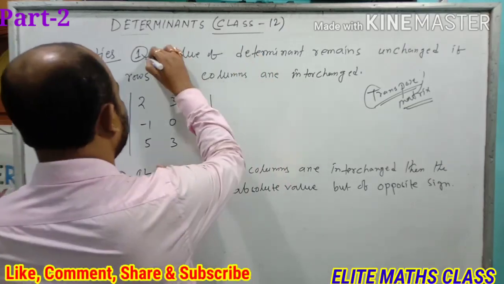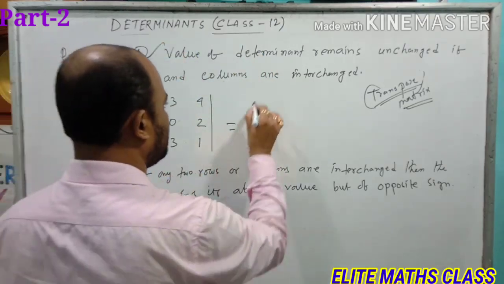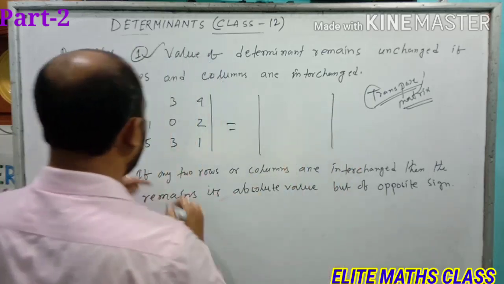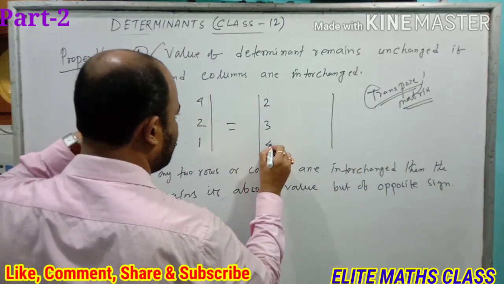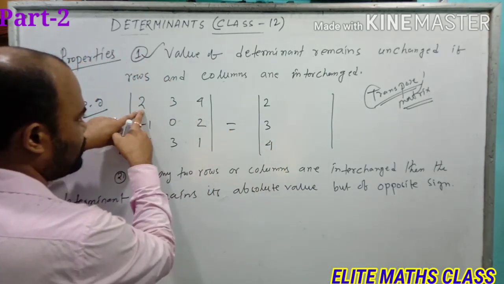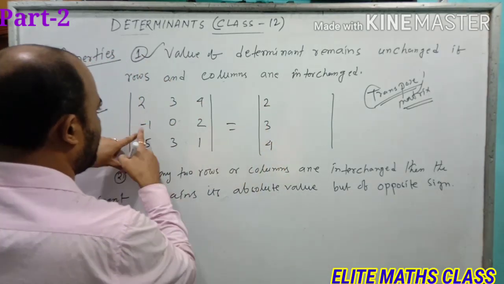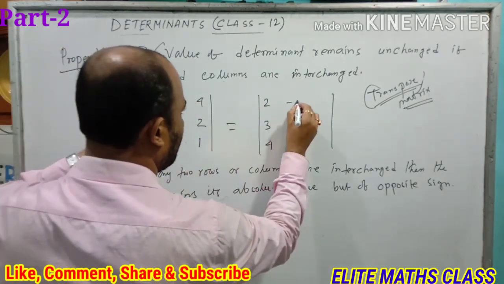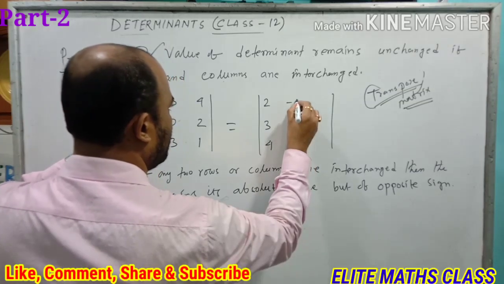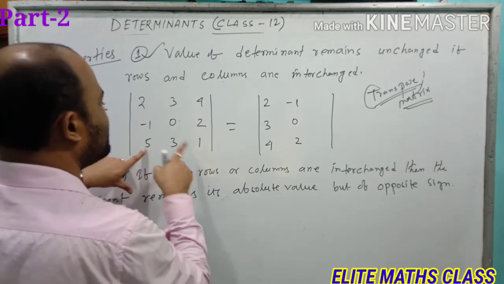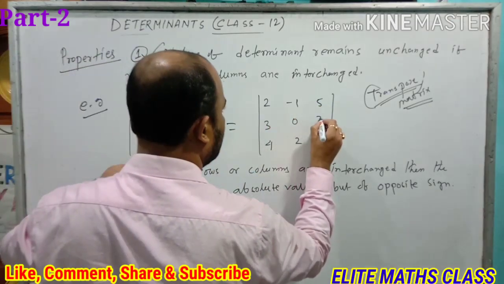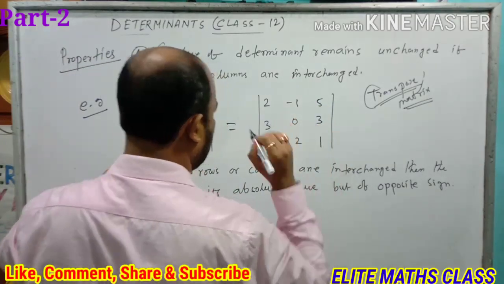Now what this property says is that this is equal to, see here, the first row is 2 3 4. We have to write this in the first column: 2 3 4, here it is the first row, here it is the first column. Minus 1 0 2 is the second row, and we write it in the second column. 5 3 1 is the third row, and we write it in the third column.